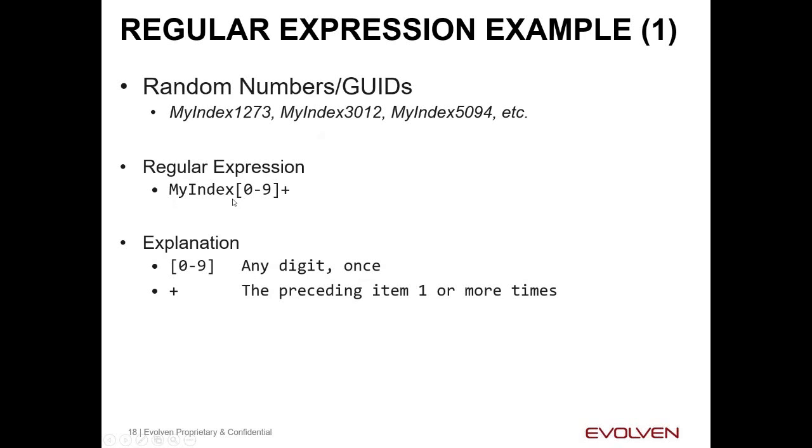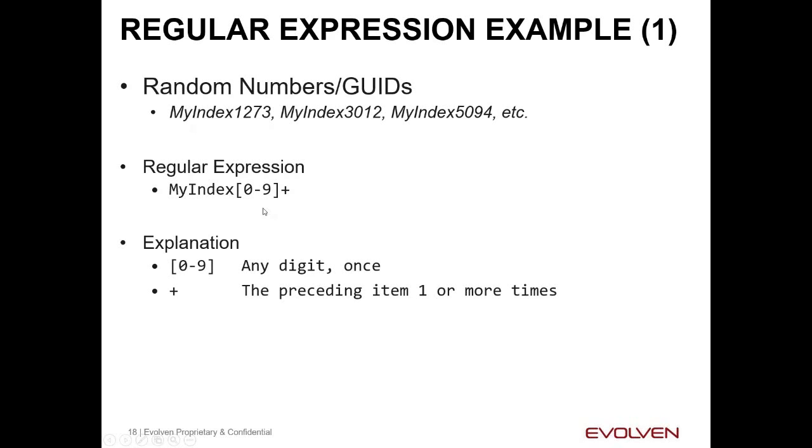So what if I just had myIndex and then square brace 0-9 square brace and not the plus, it would mean myIndex 1, myIndex 5, myIndex 6. Any of those would be valid, but myIndex 12 would not. myIndex 1273 would not. Now the plus sign says take the preceding item 1 or more times.